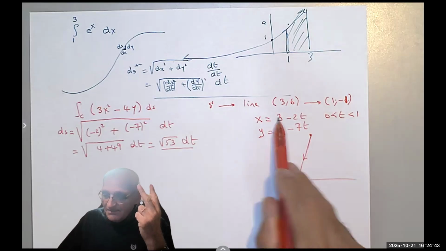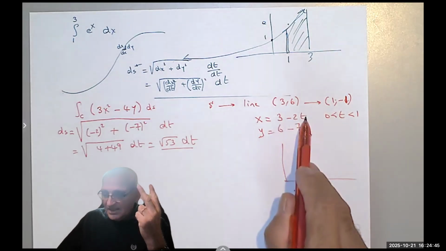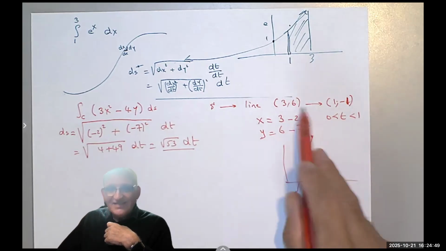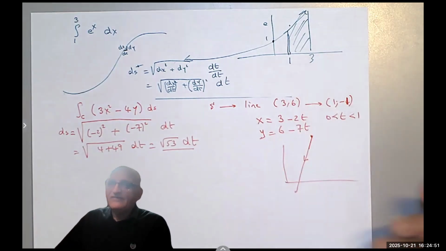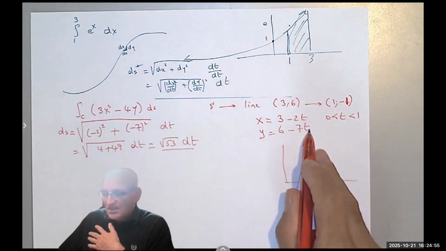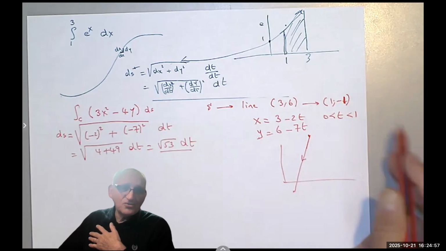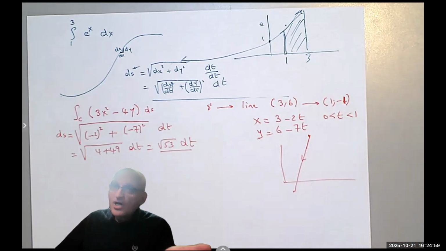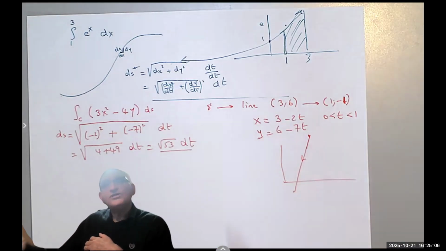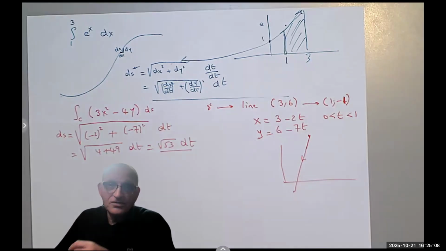So I would say 3 minus t, going from 0 to 2. 6 goes to -1, so it has to drop 7, so you have to divide by 2, and you say 6 minus 7/2 of t, and your integral would be from 0 to 2, or any other value, but common sense would say, why make it hard on yourself? Just use 0 and 1: 0 for the initial point, and 1 for the terminal point.